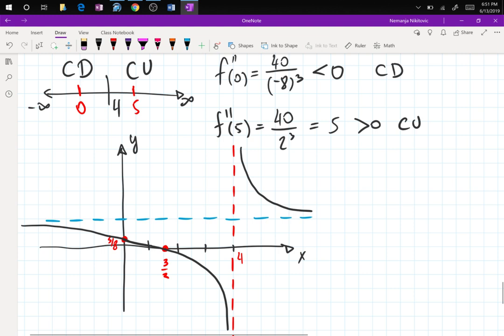You can see the intercept at 1 over here, 1.5, 1.5. You can see your 3/8 over here, which is 0.375. And you see clearly there is a vertical asymptote at 4. So it worked.